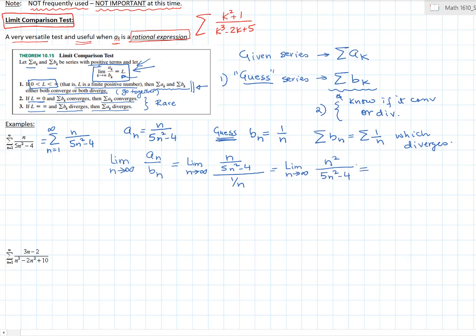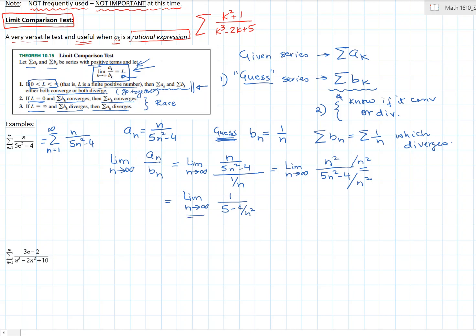Now this is simple. I'm going to divide the numerator by n squared and the denominator by n squared. So if I do that, then I'm going to get 1 over (5 minus 4 over n squared).